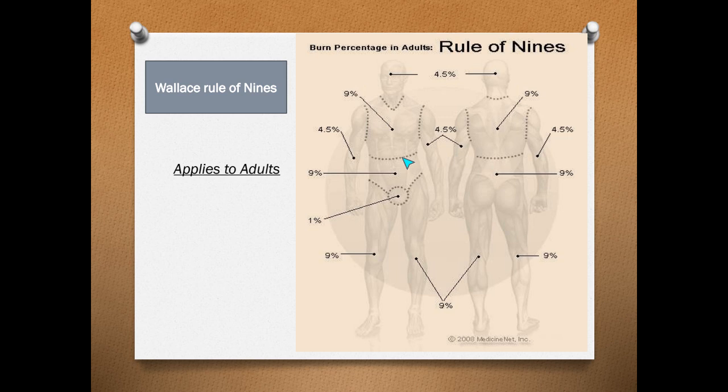And if you add, for example, the perineum, which is given 1% here, that means he has a burn of 19%. And why is this important? Because we are going to decide the fluid resuscitation, the amount of fluid which the patient needs, according to the area affected by the burn.